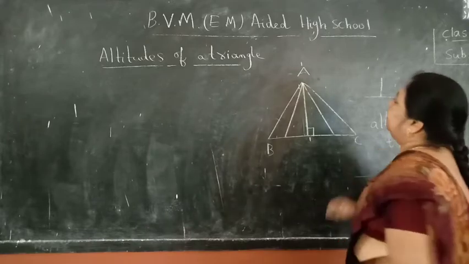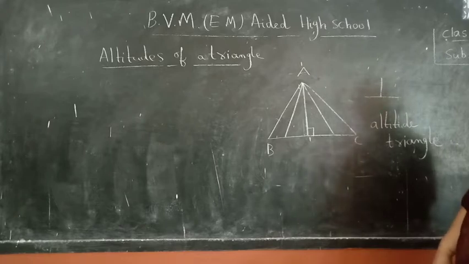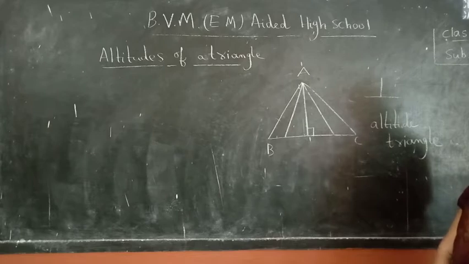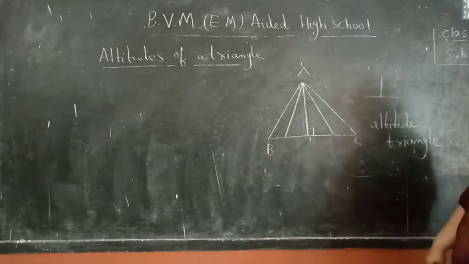Clear now? From vertex A, we draw the line segment perpendicularly to the base BC. That is the height of a triangle.